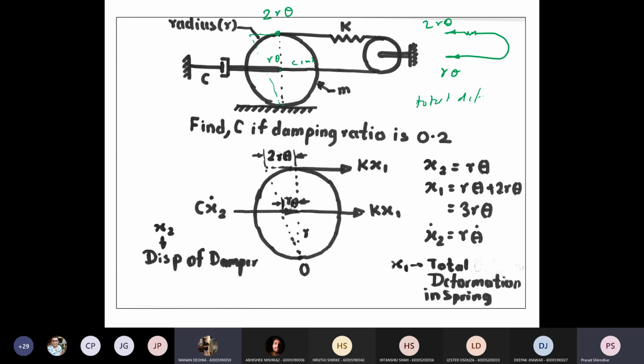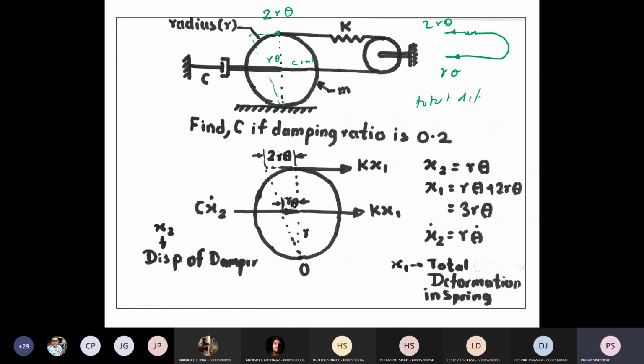And so now about the forces. This spring is attached to string on both sides and is passing over the spool. So the force in the spring is what?